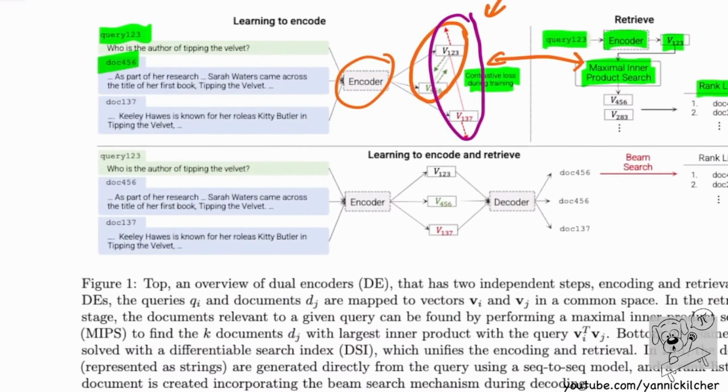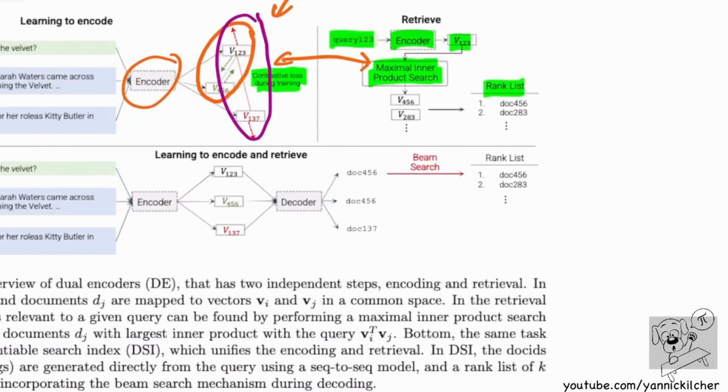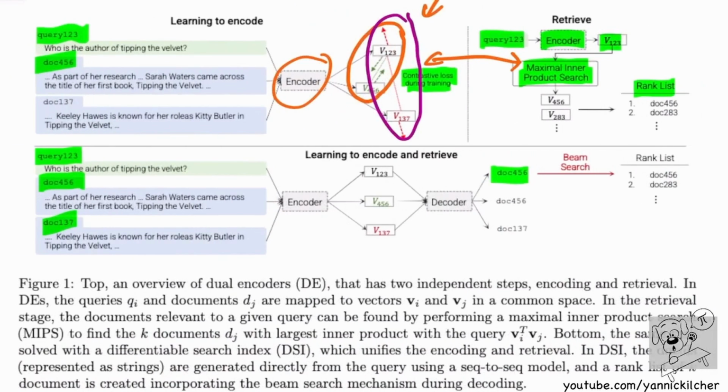In the DSI, the differentiable search index, I simply feed my query to the system, and the system outputs directly which document is relevant for the query. The way they train it, and this is one way they train it, is where they feed in queries and documents into the system.